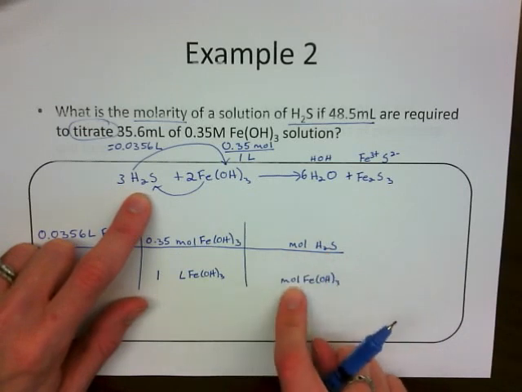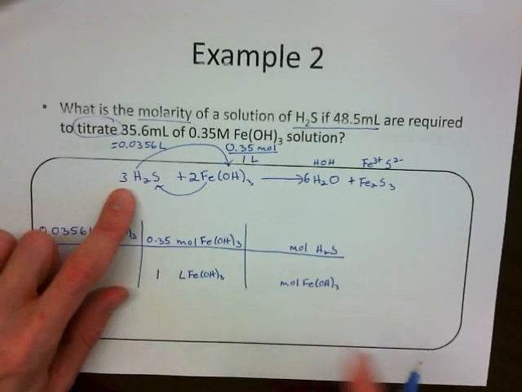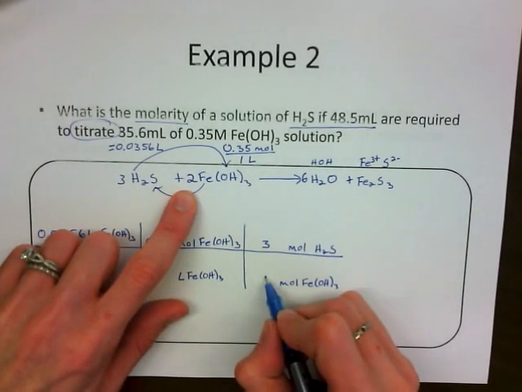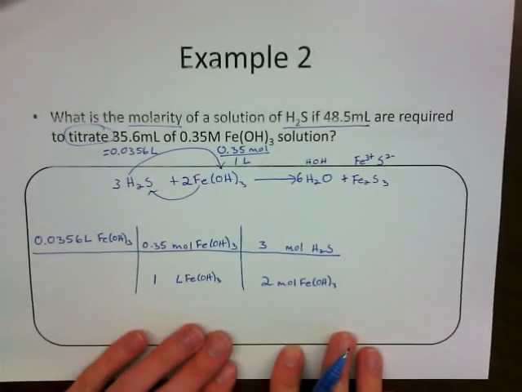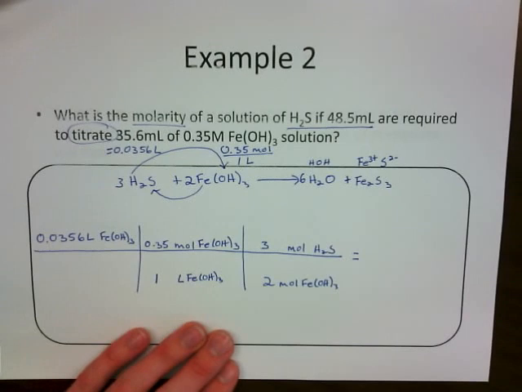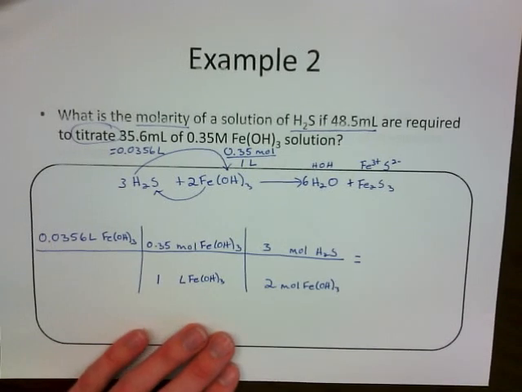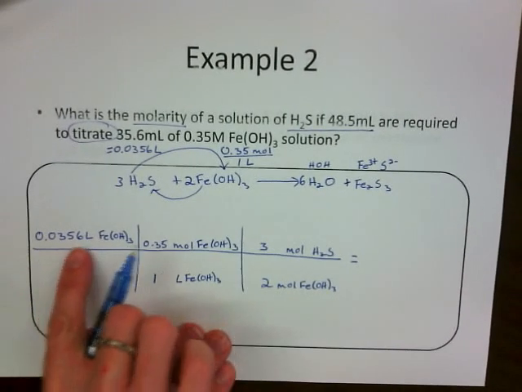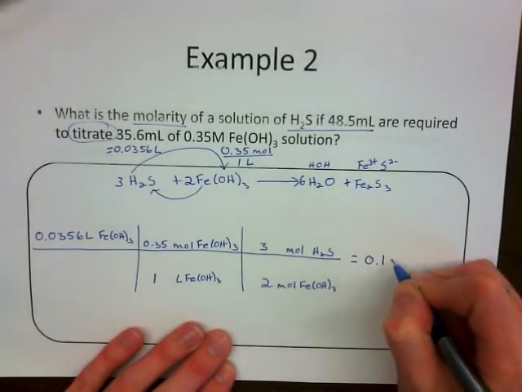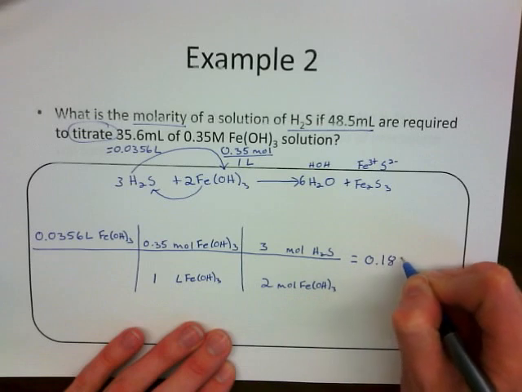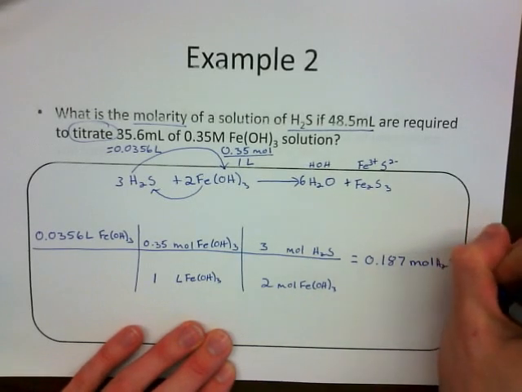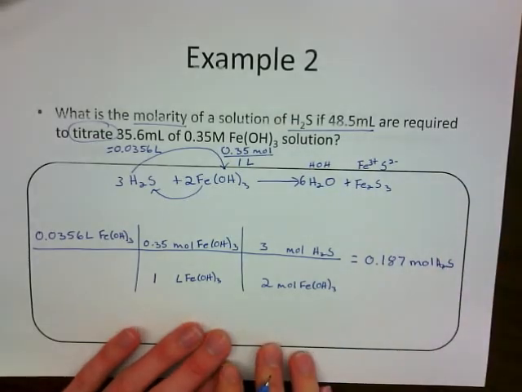These mole-to-mole ratios come from the coefficients in the balanced equation. I have 3 hydrosulfuric acids and 2 iron hydroxides. I'm going to stop here in the dimensional analysis and just get moles from this. So I multiply across, divide by 2, I end up with 0.187 moles of hydrosulfuric acid.